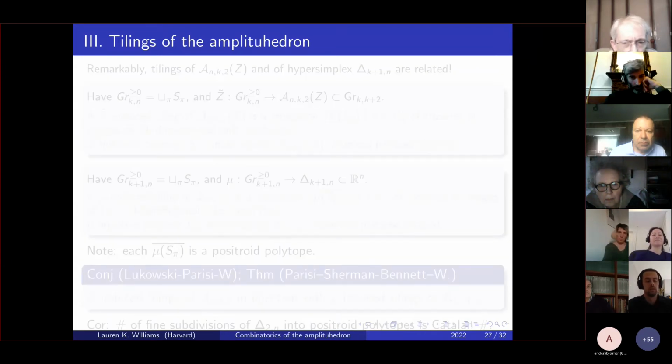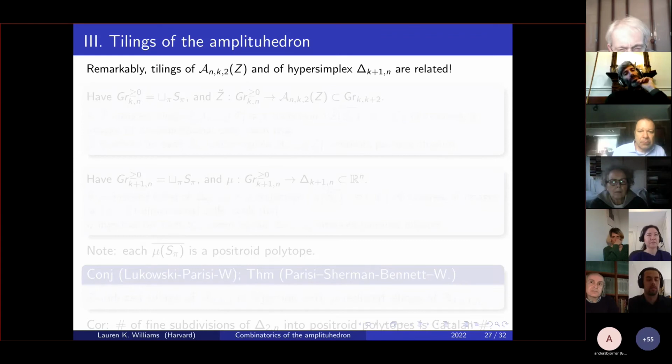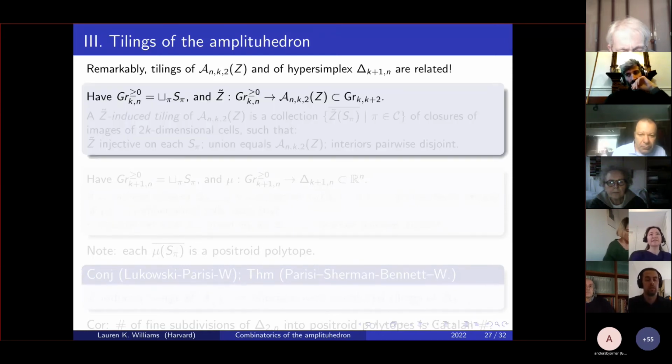Okay. So let me say something else really fascinating about tilings of the amplituhedron. This was a big surprise, which is that tilings of the m equals 2 amplituhedron and tilings of the hypersimplex are related. Let me just review our notion of tilings in these cases. On the side of the amplituhedron, we have the positive Grassmannian of k-planes in n-space, and we have our amplituhedron map onto the m equals 2 amplituhedron, which lies in the Grassmannian of k-planes in k+2 space.